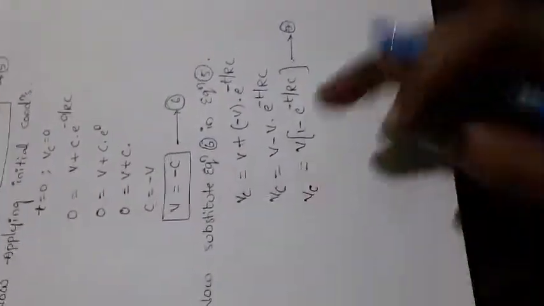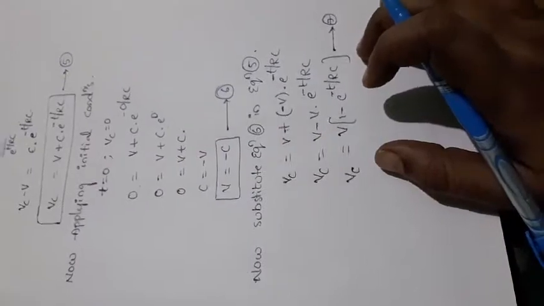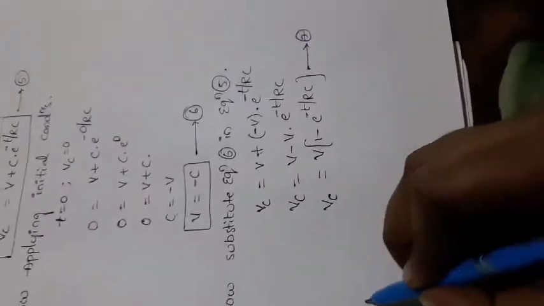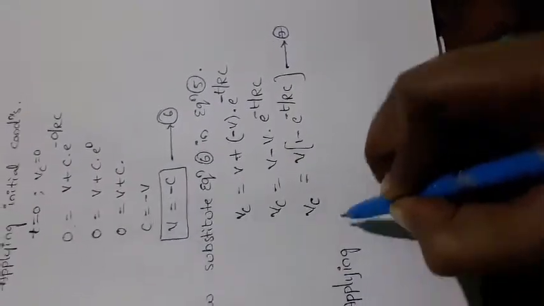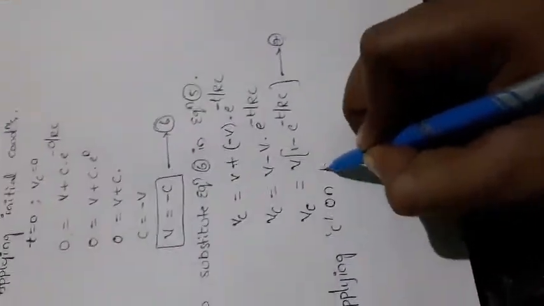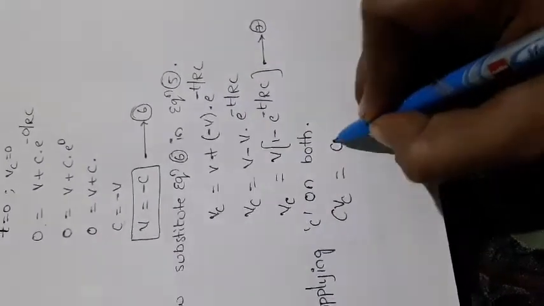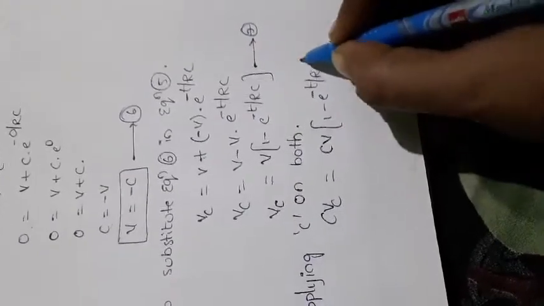Okay, so now what will we do here? This complete equation is in the form of the capacitor, right? So that means we need to show the capacitor charging process. That means applying C on both sides, multiplying C with the equation. So CVC is equals to CV into 1 minus e power minus t by RC.